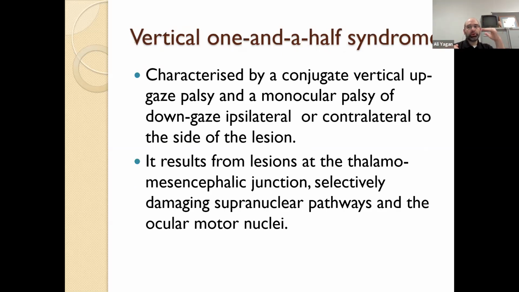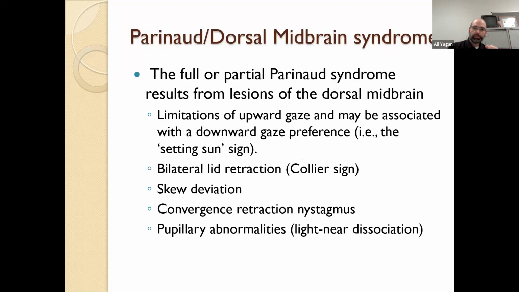So the only reserved movement is depression of the other eye. And it's really difficult for that patient because they might be okay in primary position, but they look up, they can't look up, they look down, they get limited. So it really troubles them, and it's difficult to manage. But usually it's a midbrain problem, and a supranuclear problem.